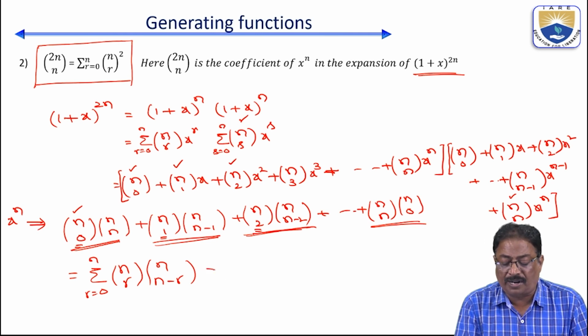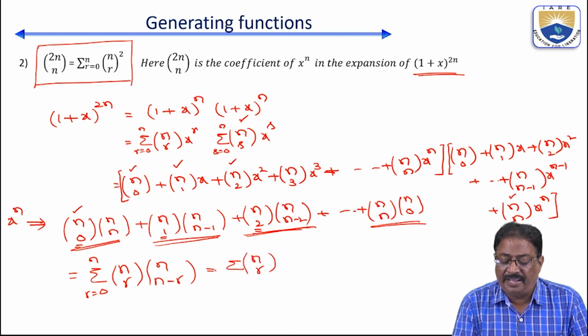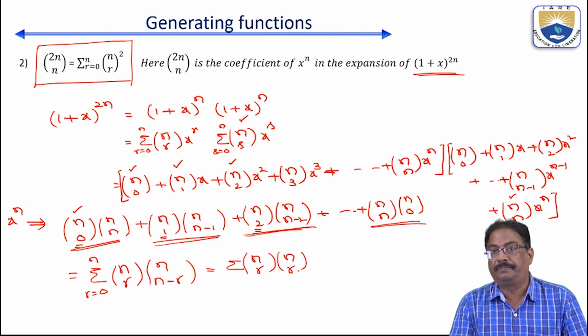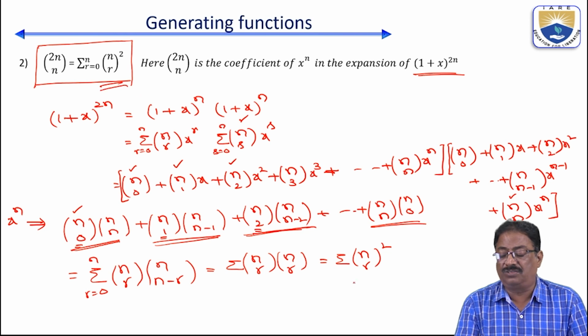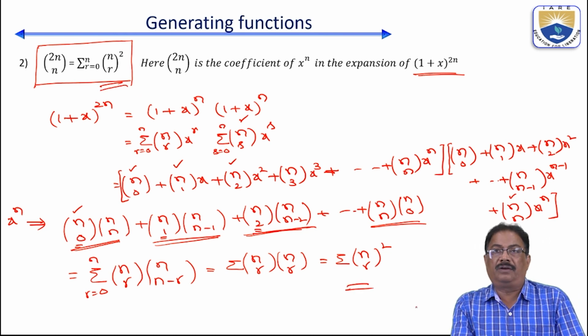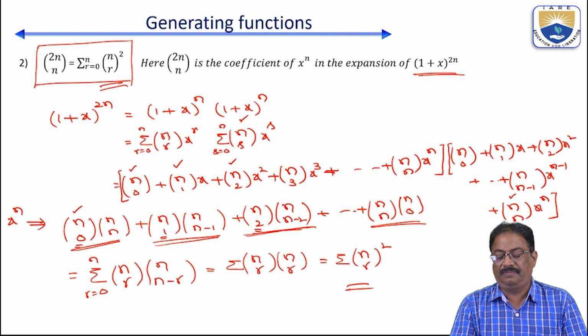Now nCn minus r is equal to nCr only. Now this is nothing but summation of nCr whole square. So this is the way that we are going to prove this.